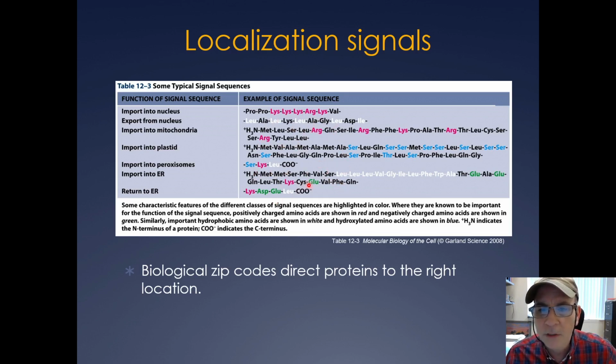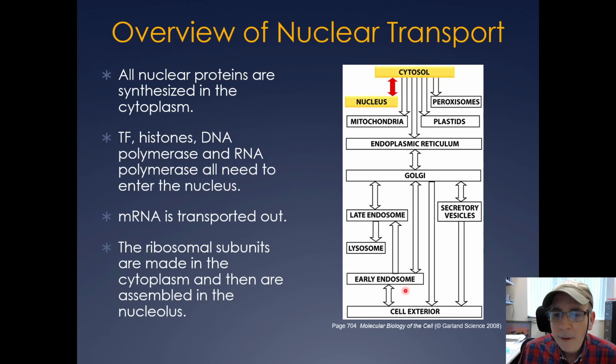And you guys can almost think of these like zip codes, right? The post office knows where to deliver mail because they have address labels and zip codes, right? The zip codes tell you the town and the address tells you the street. Okay, so you can think about these as biological zip codes. Okay, so now we're going to actually start to cover nuclear transport, okay?